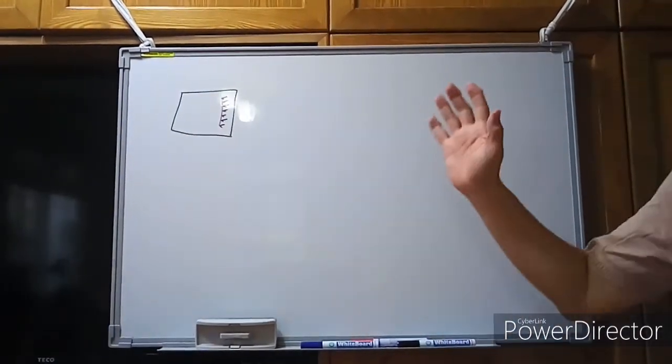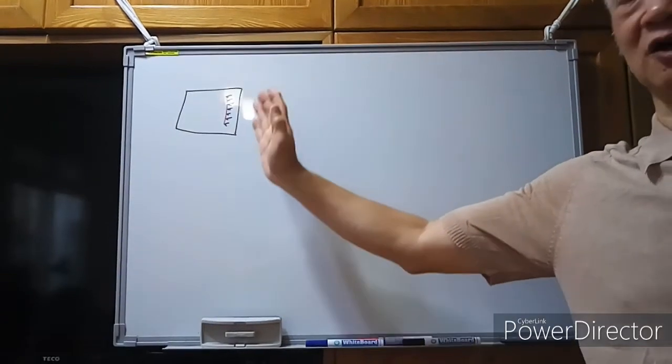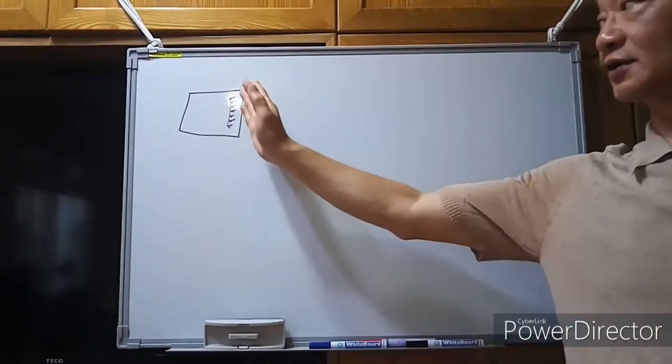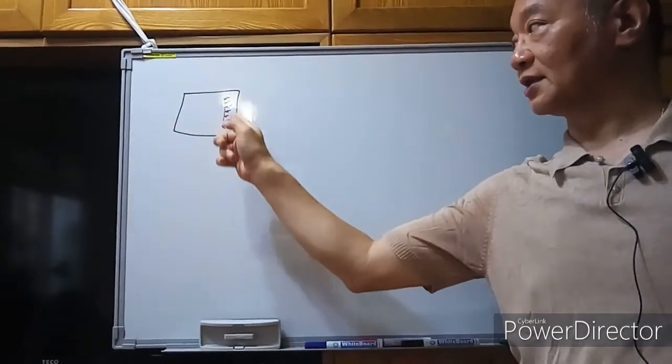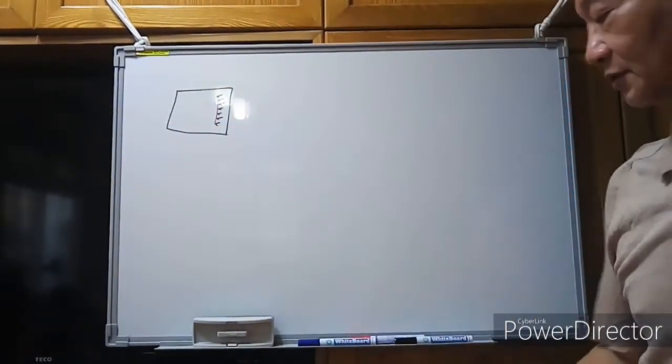For this case, the curved line is not one of the boundary lines. The curved line is inside an element. Okay, so that's the case we are going to consider.